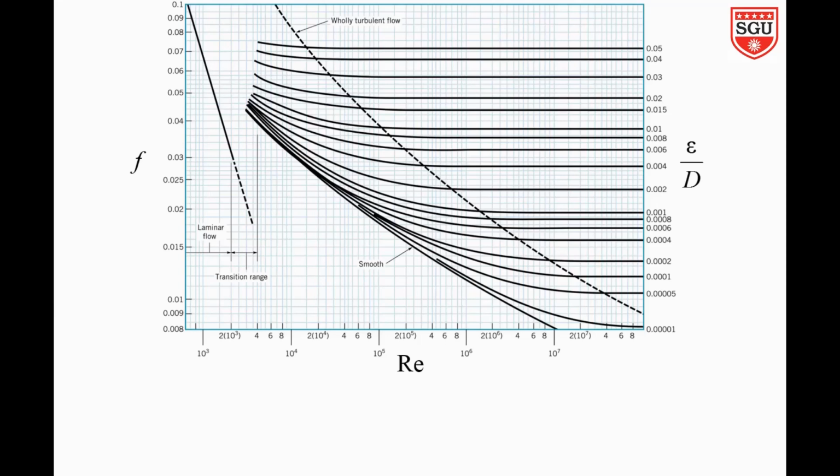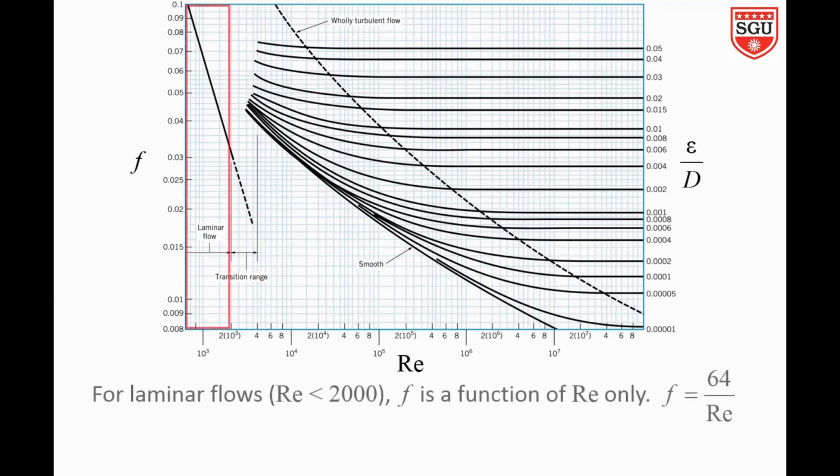Note that both x and y axis use the log scale. If Reynolds number of a flow is below approximately 2000, the F is only a function of Reynolds number, and it can be calculated directly from the formula 64 over the Reynolds number. This formula is represented graphically by a line on the left side of the Moody chart.